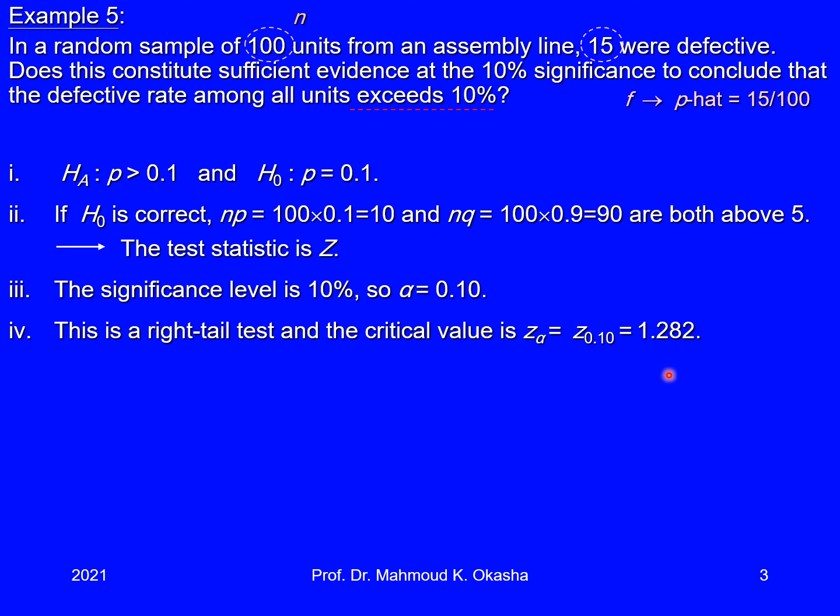Notice that we did not divide alpha by 2 because here we use a one-sided test, or one tail test. Z alpha, not Z half alpha. We only use Z half alpha in a two-sided or two-tail test. But here it is a one-sided test. It is a right tail test because the sign is greater than.